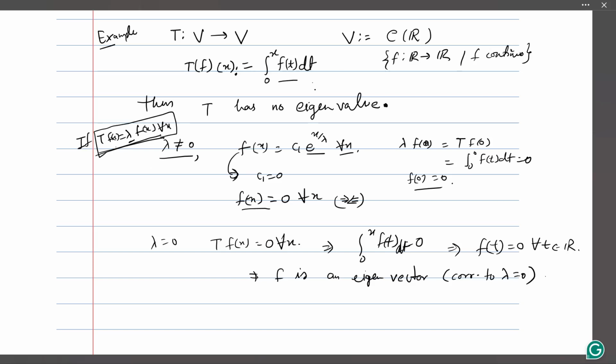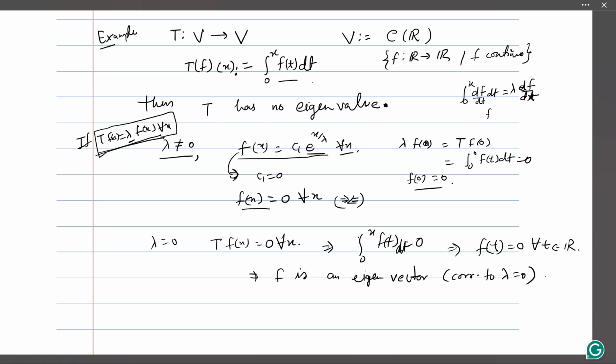If you differentiate both sides, on one side you have lambda df by dx, and on this side you have the derivative of the integral from 0 to x of f(t) dt with respect to x. Sorry, my fault.